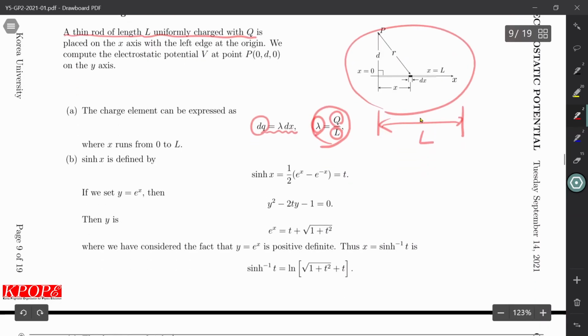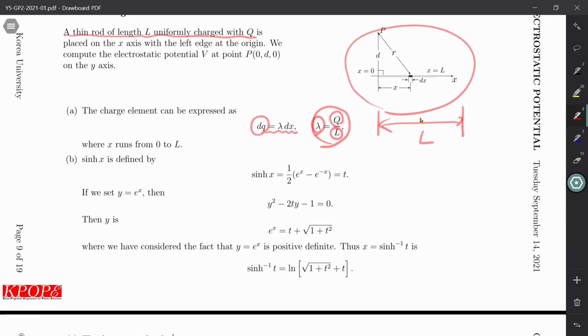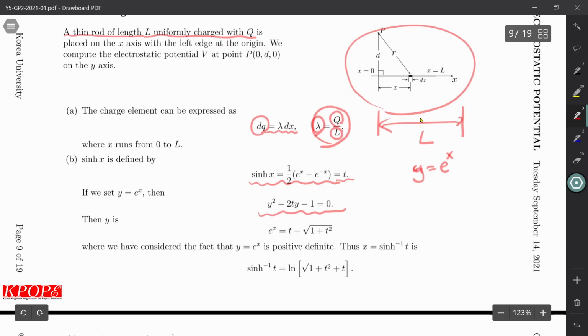Here we introduce the hyperbolic sine. Sine hyperbolic is defined like that. You can solve this quadratic equation. This one can be expressed in terms of y, substituting y equals exponential x. Then you have a quadratic equation. The solution of this quadratic equation for y can be obtained in this way. This e to the x is y.